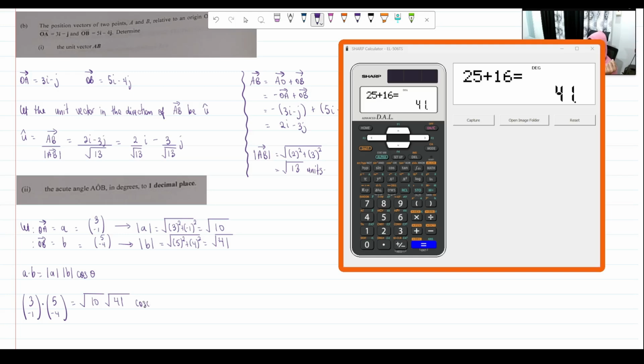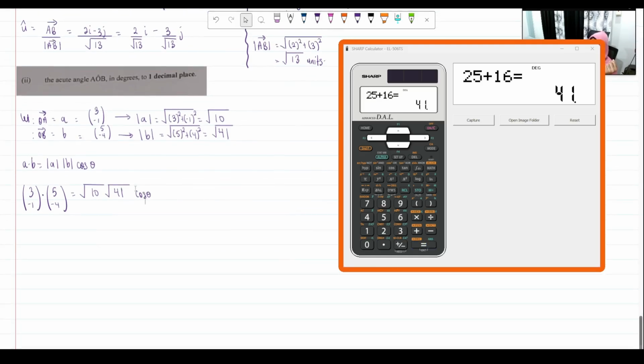Cosine theta. They did say that it's the acute angle, right? So let me dot. I'm going to get 3 multiplied by 5, which is 15. 3 by 5 plus -1 by -4, divided by root 410, is cosine theta. Theta is going to be cosine inverse of 5 3s are 15, 15 plus 4 is 19.